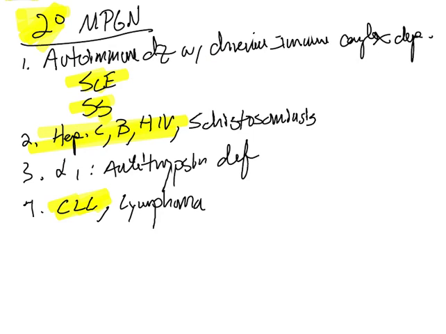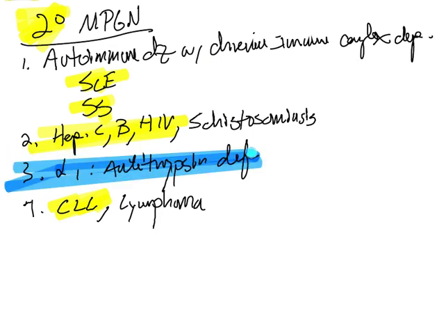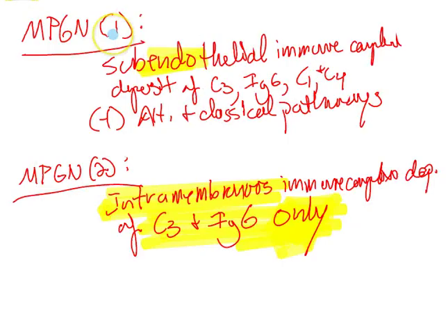So alpha-1 antitrypsin deficiency can do what? Cause a secondary membranoproliferative glomerulonephritis. But it's secondary. Don't think type 1, type 2. If it's type 1, you go subendothelial immune complex deposition of just about everything, and also alternative and classical pathways are activated.